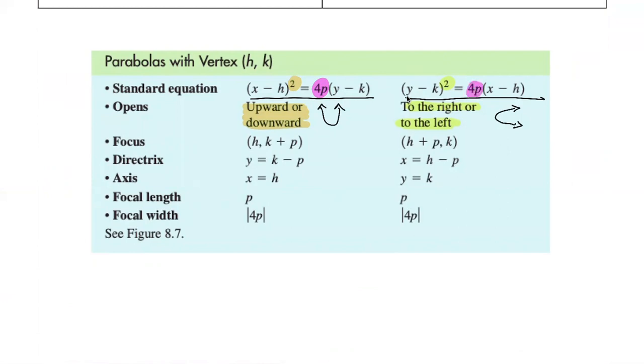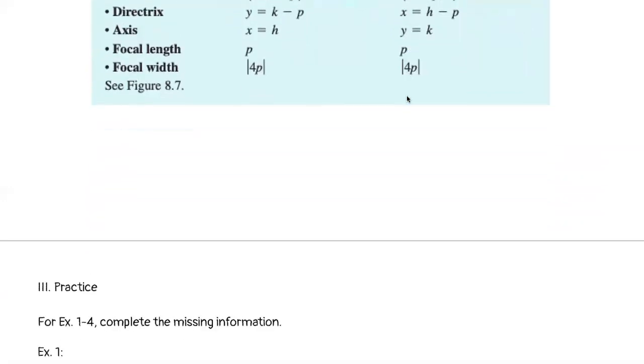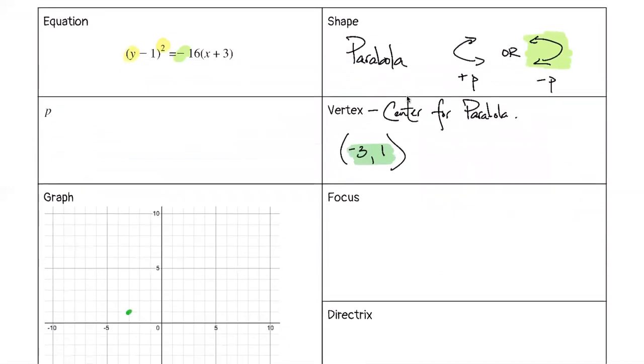This coefficient in front is equal to 4p. So if we take that number and we divide by 4, we'll get p. All right, so what's our coefficient? 16 equals 4p. That means p equals 4.